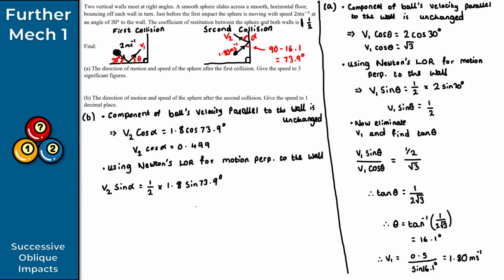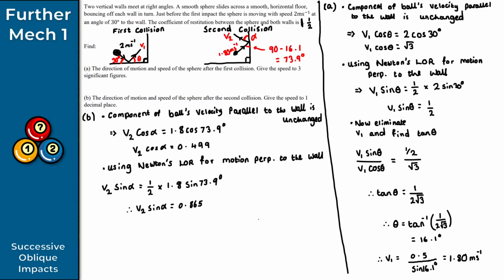Let's simplify this. So v2 sine alpha is equal to, to three significant figures, 0.865. And all we now need to do is eliminate v2, because we have v2, and find tan theta.